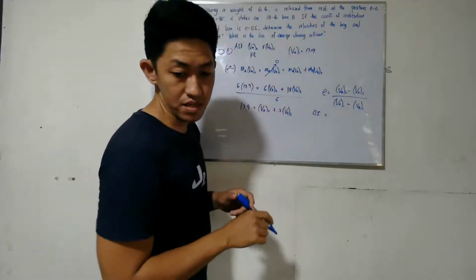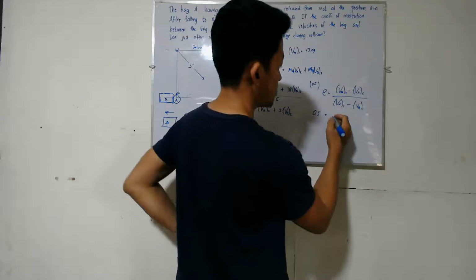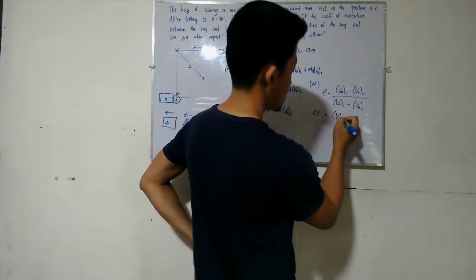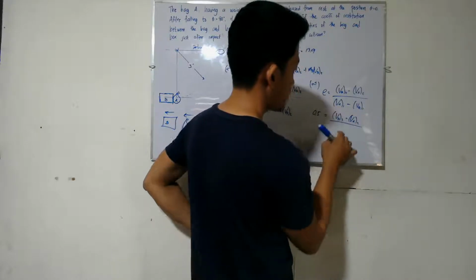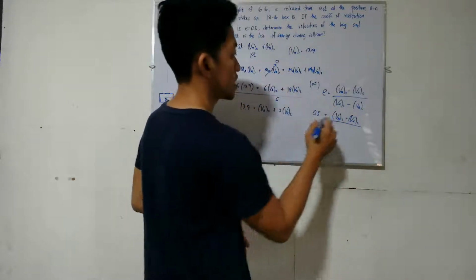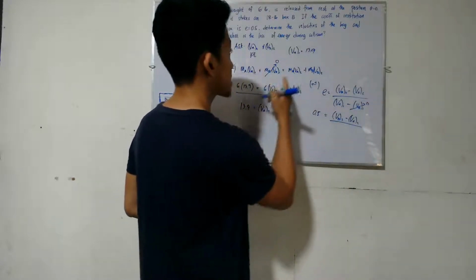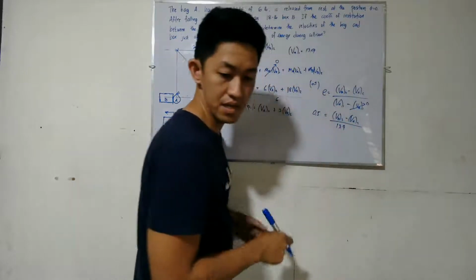Again, this one, connotation is positive going to the left. So you have velocity V2 minus VA2 over, 0 naman eh. VA1 is 13.9 going to the left, so 13.9. Okay?